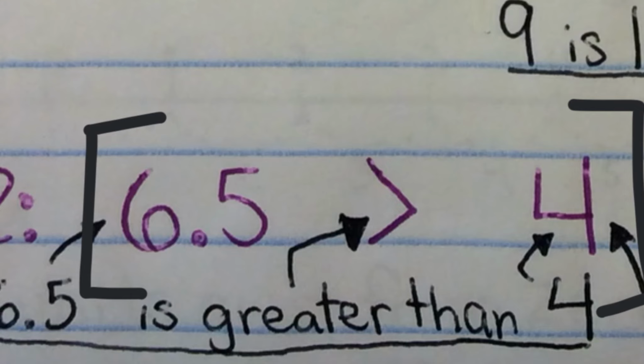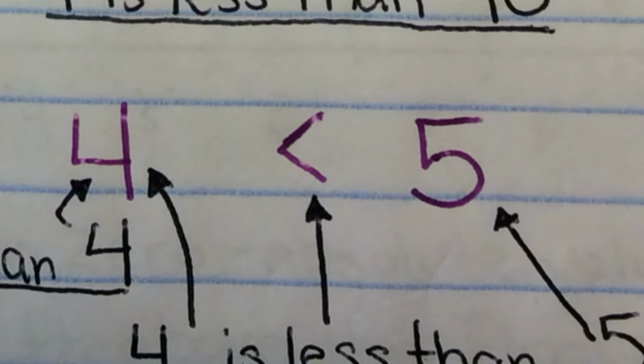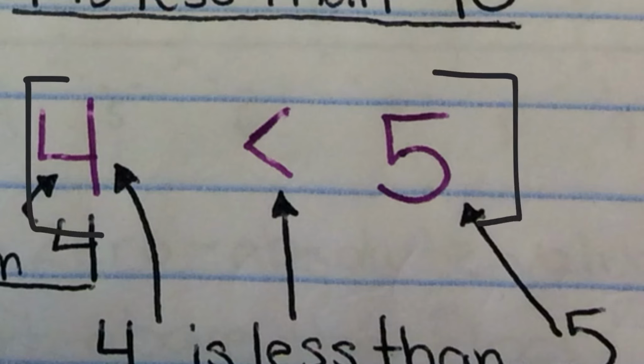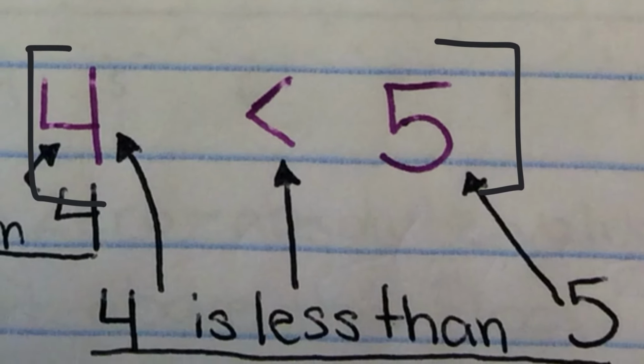Okay, and if we get rid of these brackets here, let's come over to the other side. Here we have a totally new one. Okay, 4 is less than 5. Is that true? Is 4 less than 5? Yes. Okay, we have that written down below. 4 is less than 5 down here. All right.